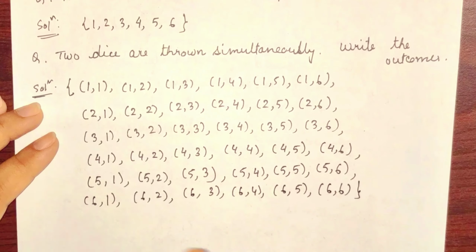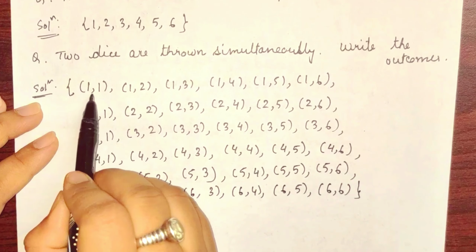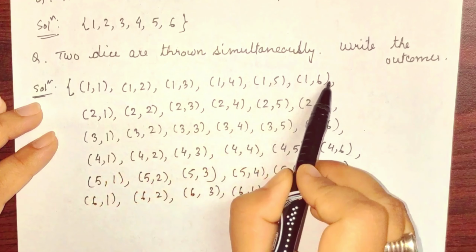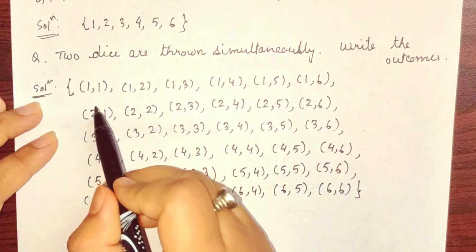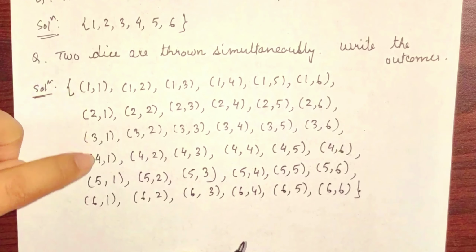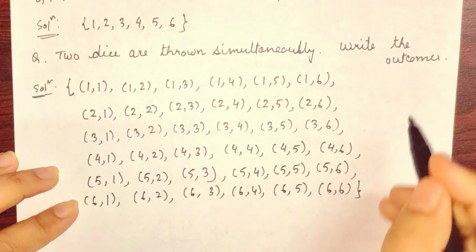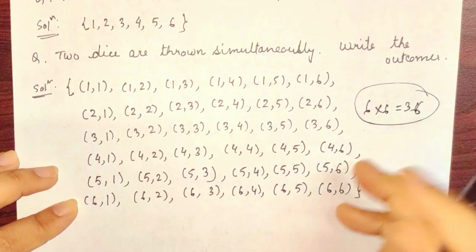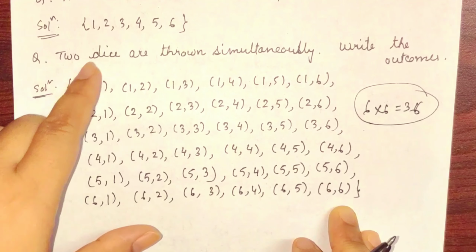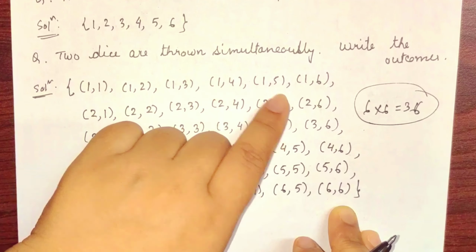Here altogether in the first row 1, 2, 3, 4, 5, 6 numbers are there, or 6 pairs are there. Here again it has 1, 2, 3, 4, 5, 6 columns. That means 36 outcomes we will get when 2 dice are thrown simultaneously.